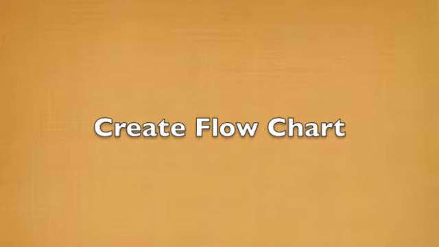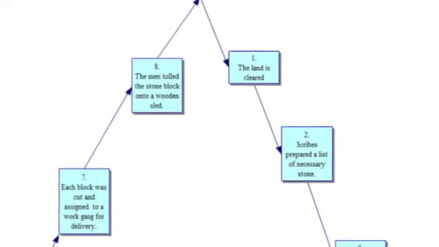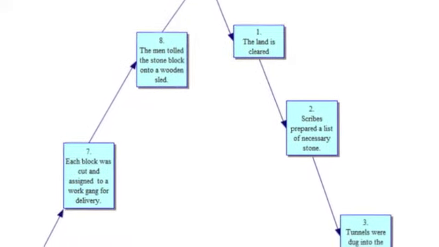Students learn the process of building a pyramid by reading information on the internet and in non-fiction books that I have collected. Using those sources, they then design a flowchart using Inspiration software. This program provides shapes and tools that are easily used by the students.